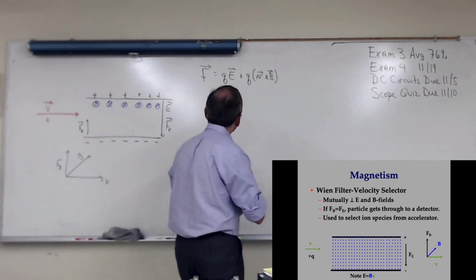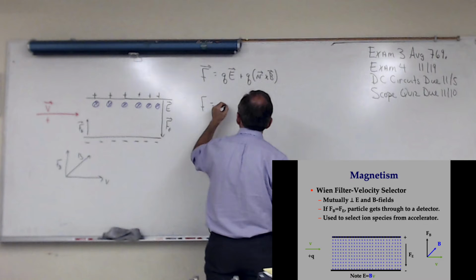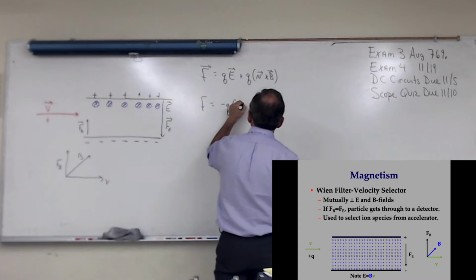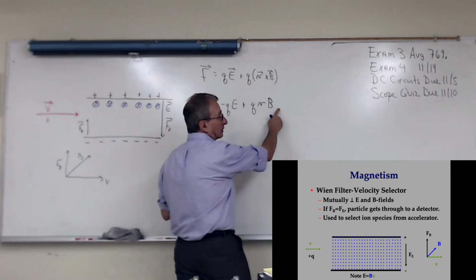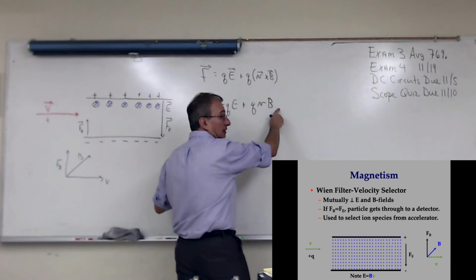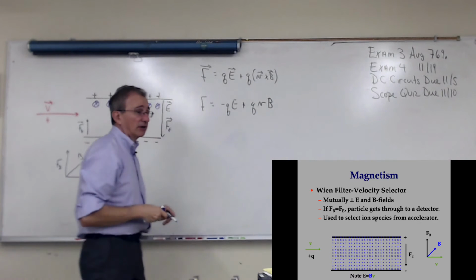So if I write this in terms of components, and I can write this without the sine term because I know sine of 90 is 1. Then these two want to cancel each other out.